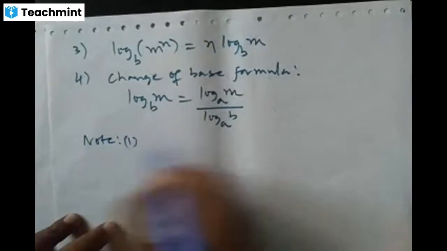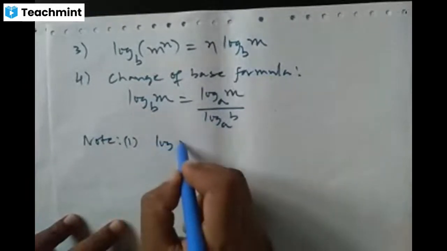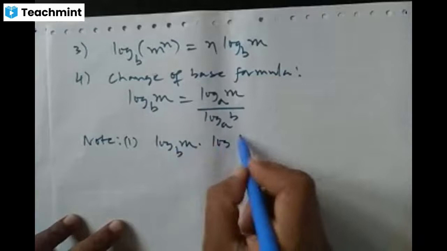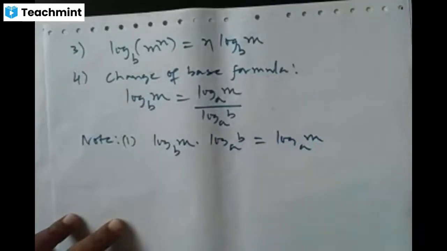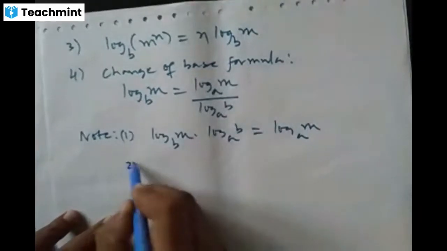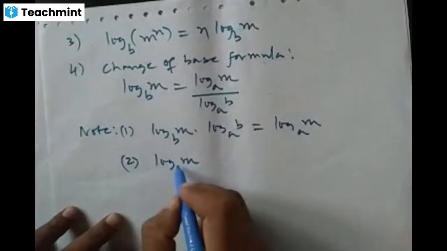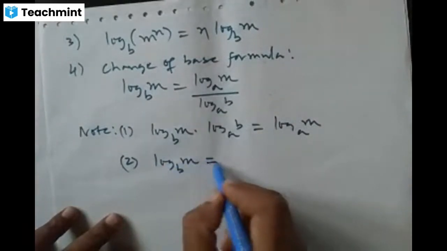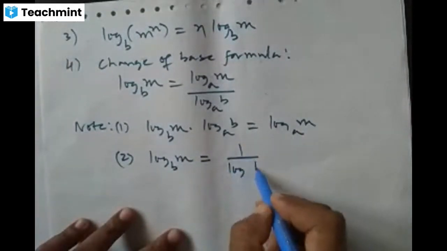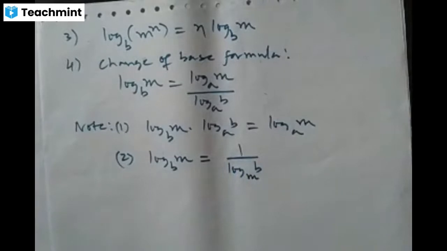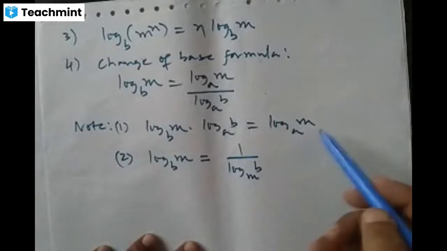Note number 1. Just cross multiply. What do we get? Log M to the base B into log B to the base A is equal to log M to the base A. Next, note number 2: log M to the base B is equal to 1 by log B to the base M. You just use note number 1 and you will get this.